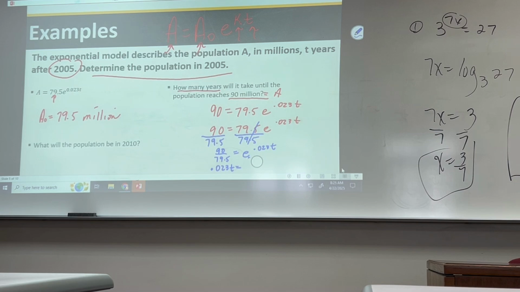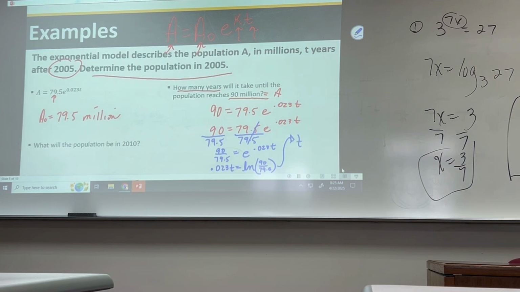And log base e is just the natural log. So it'll be natural log of 90 over 79.5. Again, that's just using the formula from the last test to change it to log form. Everyone okay? And then to get t by itself, don't I just divide by 0.023?